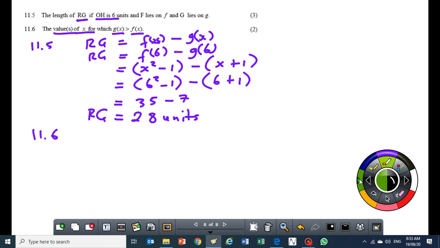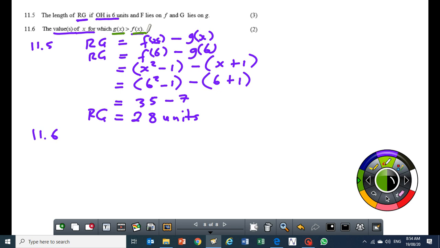Since you now know f of x and g of x, what this means is that we want values of x on the Cartesian plane such that the y values of the straight line are greater than the y values of the quadratic.